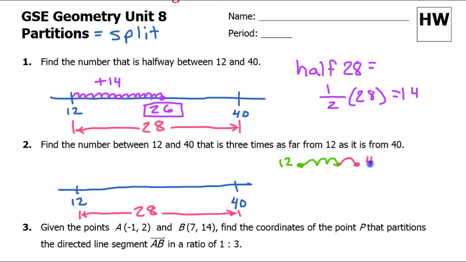So here's 40. For every 3 steps I am away from 12, I'm going to be 1 step away from 40. That would make the distance from 12 3 times as far.